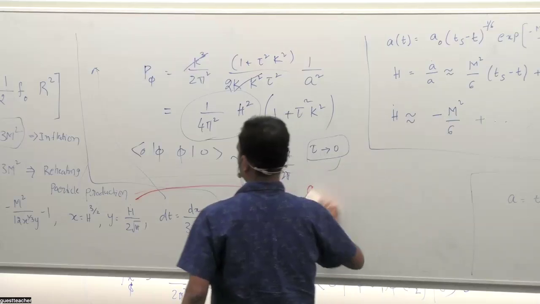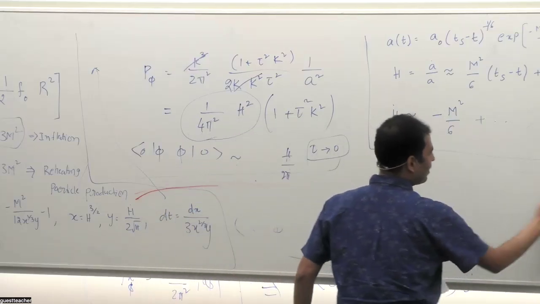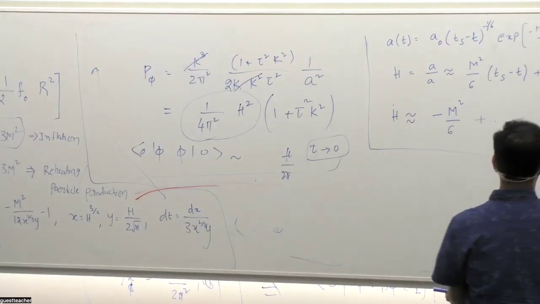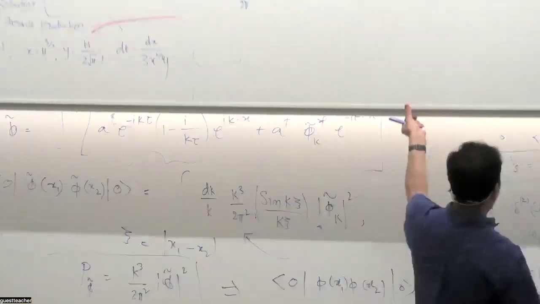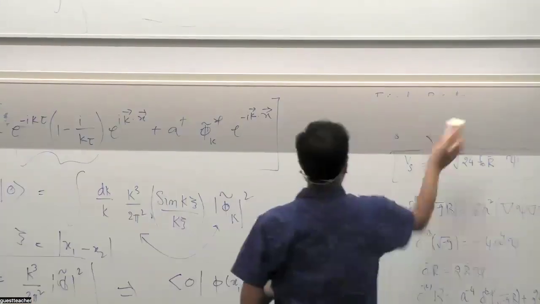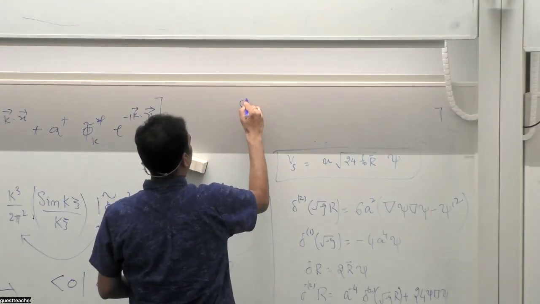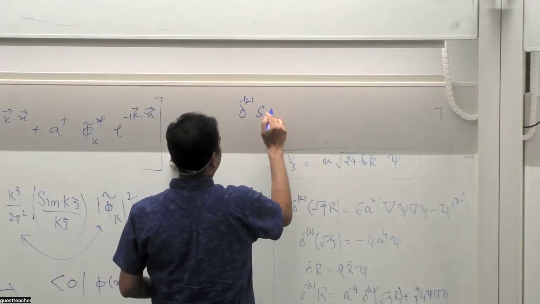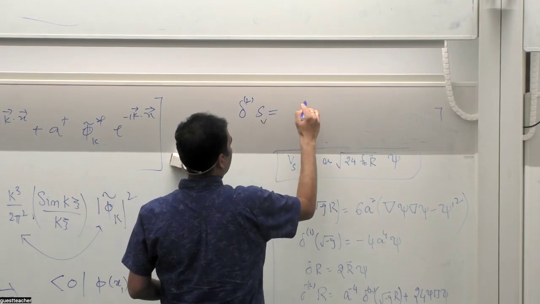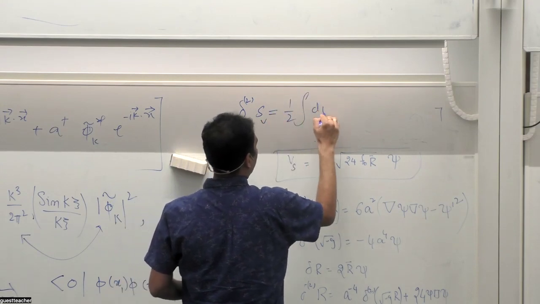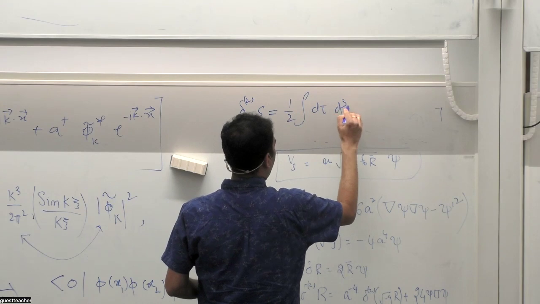So, given this is clear, we come back to our business of inflationary quantum fluctuations. Because we have a Mukhanov-Sasaki variable here, which tells us about the metric fluctuations.